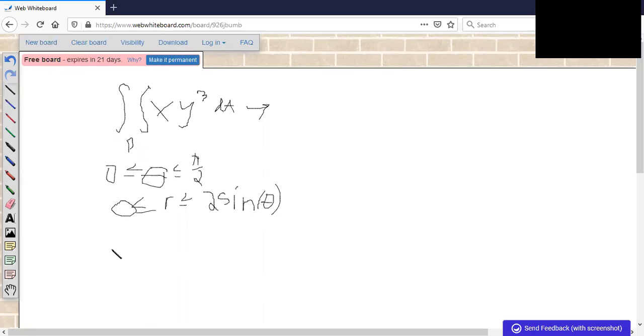So what that means is that we get as a double integral the integral from 0 to pi over 2, integral from 0 to 2 sine of theta.